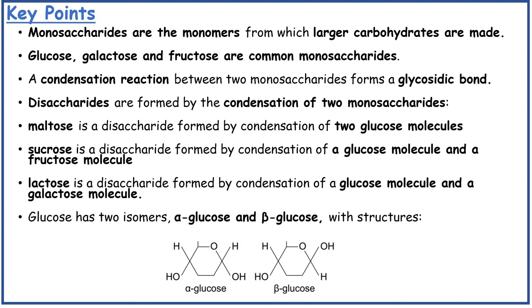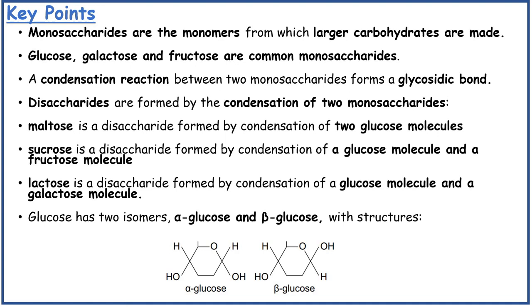Disaccharides are formed by the condensation of two monosaccharides. Maltose is a disaccharide formed by condensation of two glucose molecules. Sucrose is formed by condensation of a glucose molecule and a fructose molecule. Lactose is formed by condensation of a glucose molecule and a galactose molecule.